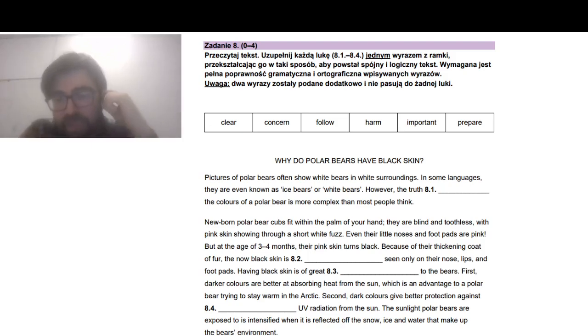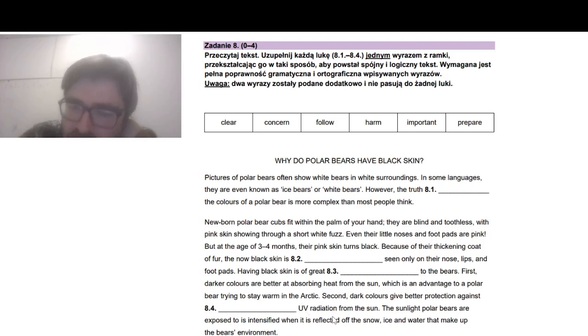Okay, in this case, let's again decide what part of speech we need here. Look at what is following it: UV radiation from the sun, and give better protection against. So here we have a noun phrase, right? UV radiation from the sun. What comes before a noun?